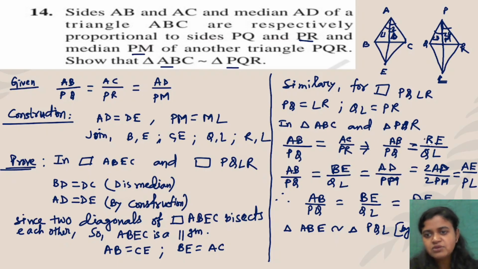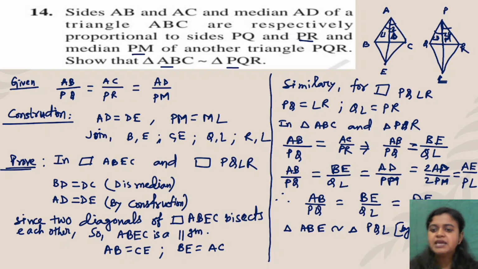Instead of AC, we write BE, because we proved AC equals BE, and instead of PR we write QL. Also it is given AD by PM, so multiplying numerator and denominator by 2, we get 2AD and 2PM. So 2AD means AE, and 2PM means PL. So AB by PQ equals BE by QL equals AE by PL.